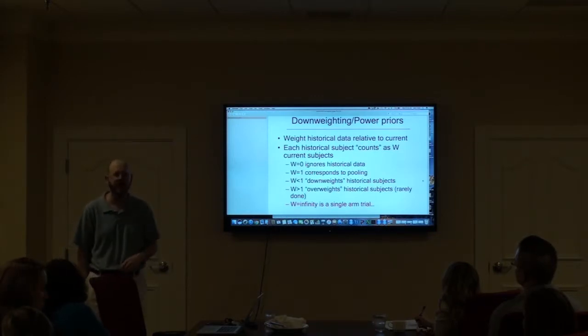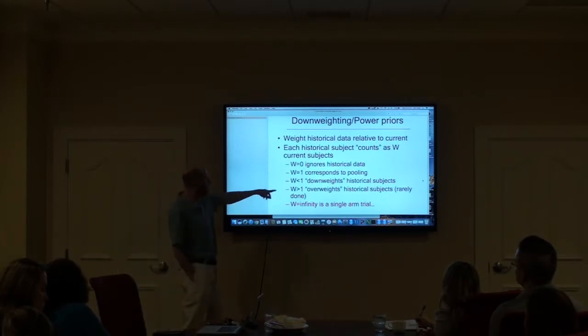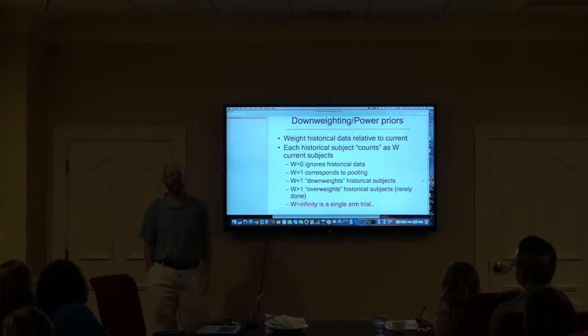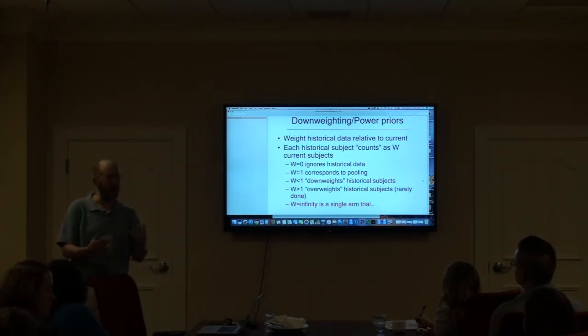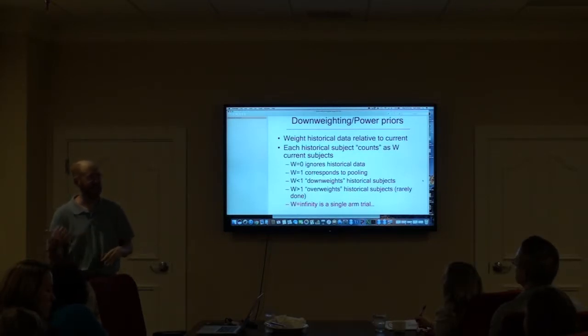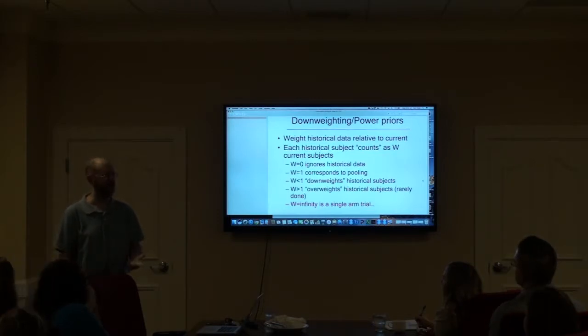It's kind of bizarre. But I am emphasizing this because if you do all the math, a single arm trial actually corresponds to a weight of infinity. So people do overweight all the time. They just do it in this context of, okay, 0 is okay and infinity is okay, but now I'm nervous about everything in the middle.